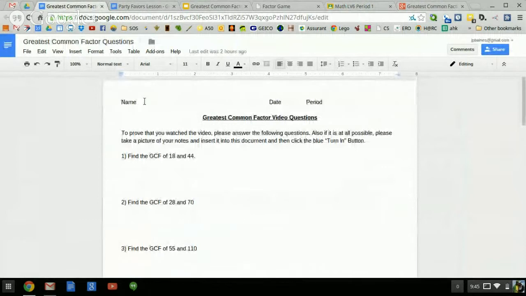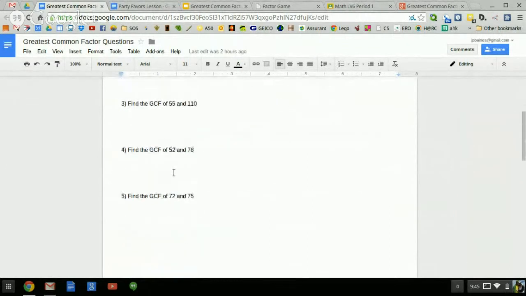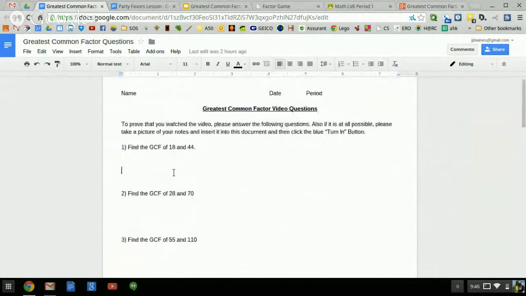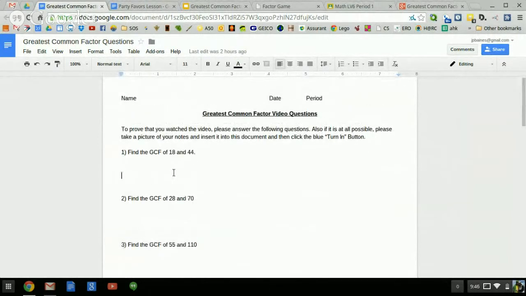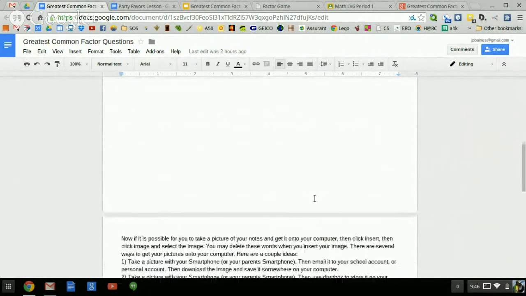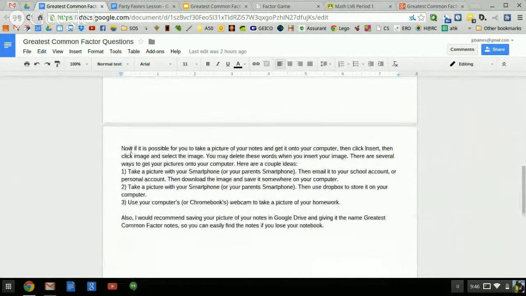What you need to do is write your name, the date, the period. Okay. Then you need to answer all 5 of these questions. Do the work in your notebook, but you can write the answer in here. Then please, if at all possible, please take a picture of the notes in your notebook and get it onto your computer.